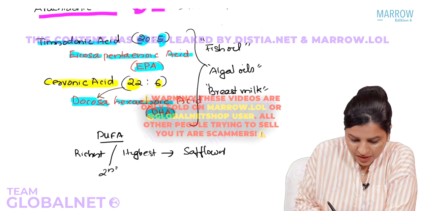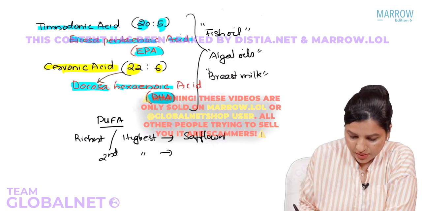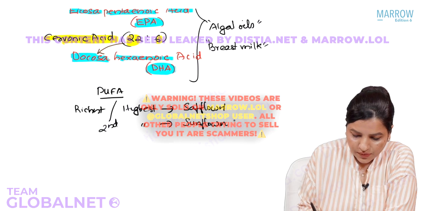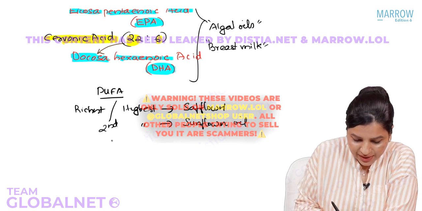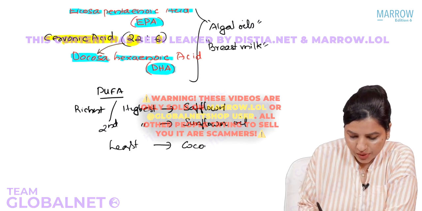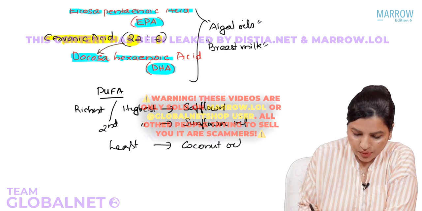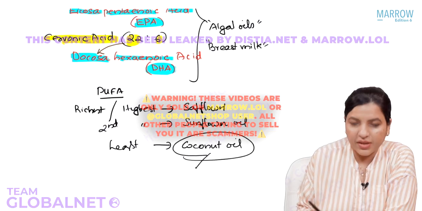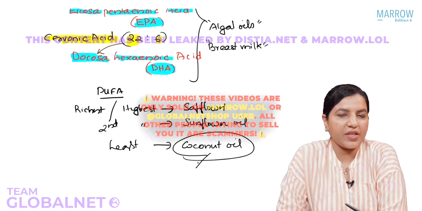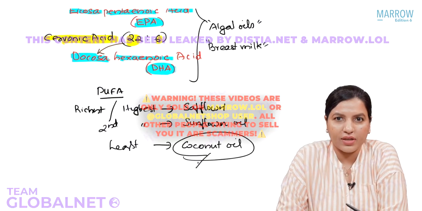The second highest is in sunflower oil, and least present in coconut oil. But coconut oil is the richest source of medium chain fatty acid. Polyunsaturated fatty acid richest source is safflower oil.